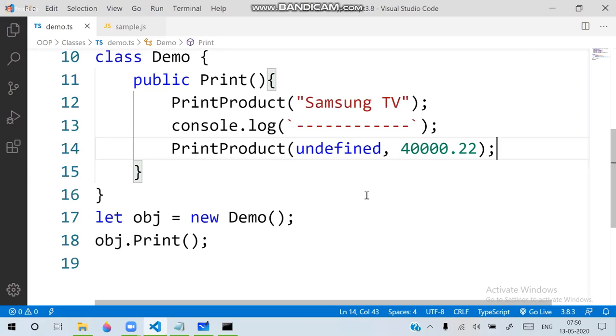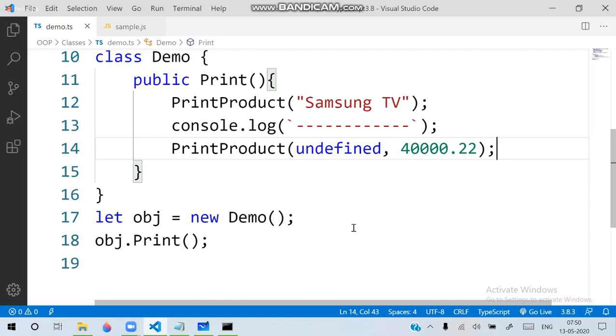If you are not writing that parameter, automatically it will leave it as undefined. Optional means you are defining the parameter as undefined.